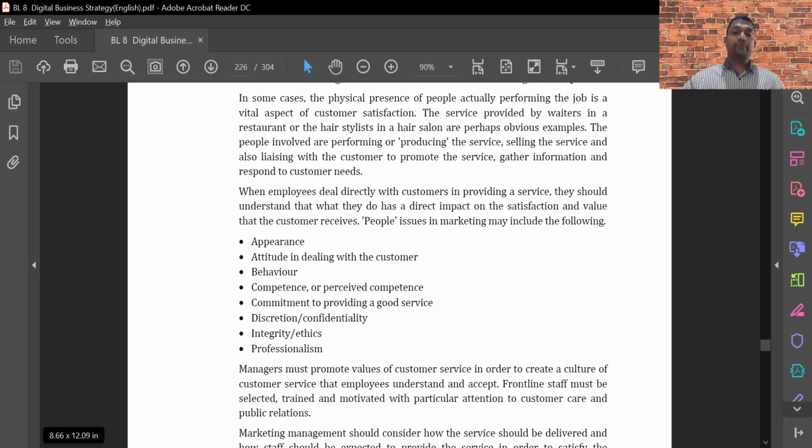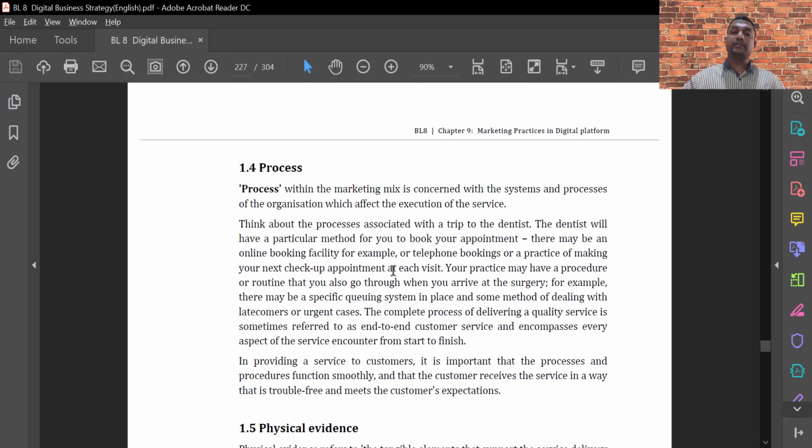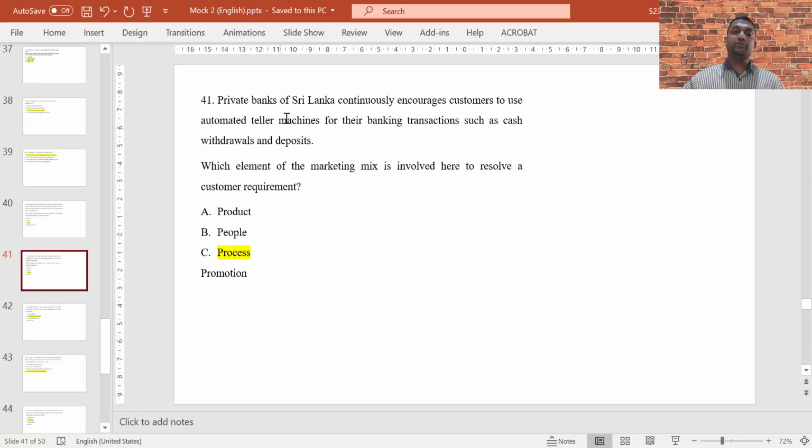In the textbook it says within the marketing mix, process is concerned with the systems and processes of the organization. So this is what we see here in the question. This is about a process. This is not about how staff members of the bank interact with the customer. This is not about the product itself.